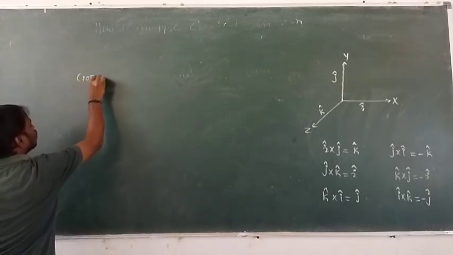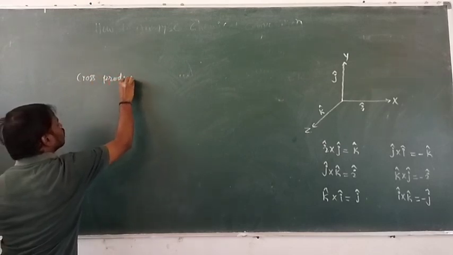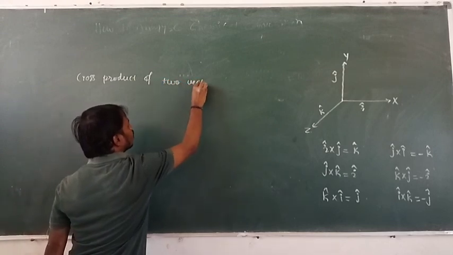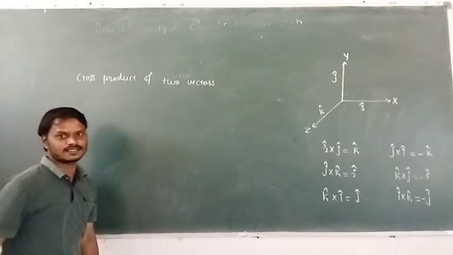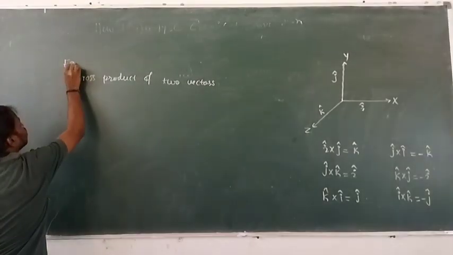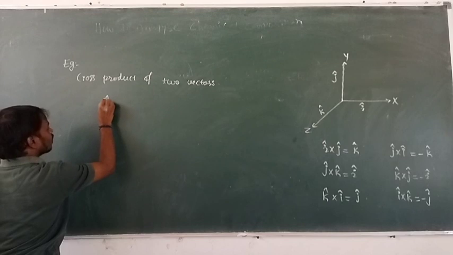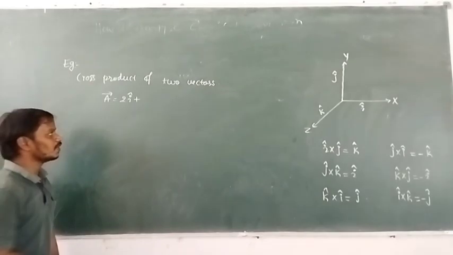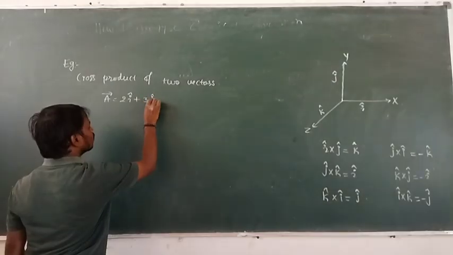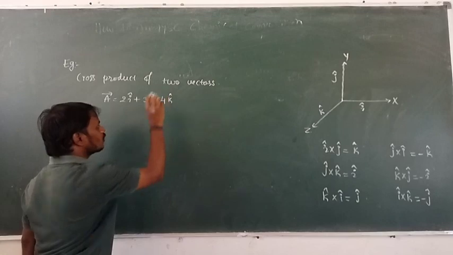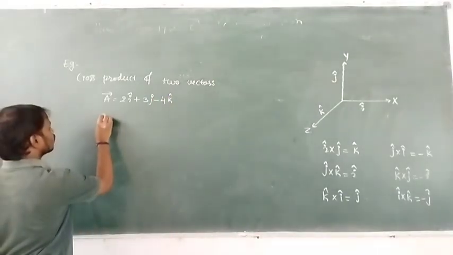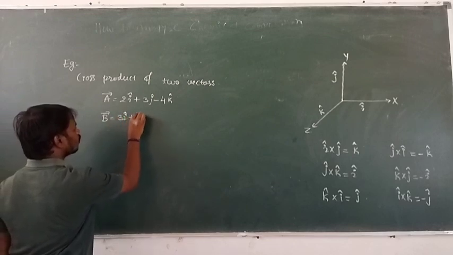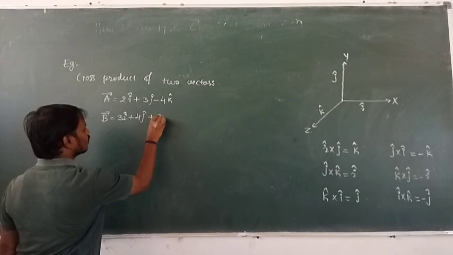Cross product of two vectors. Example. Let us consider the vector A, that is 2i plus 3j minus 4k, and another vector B, that is 3i plus 4j plus 3k.